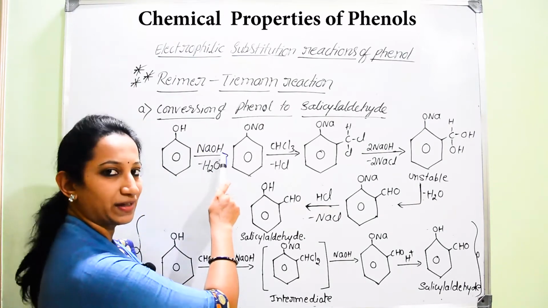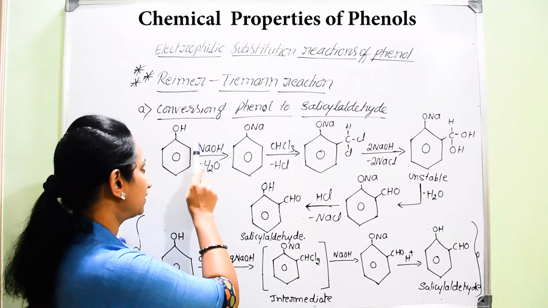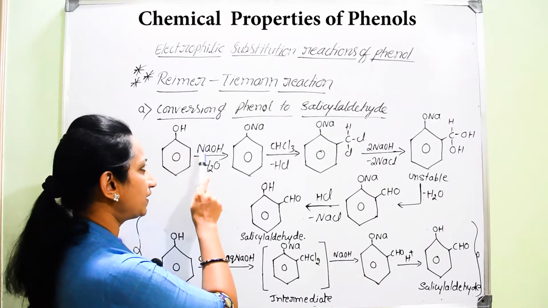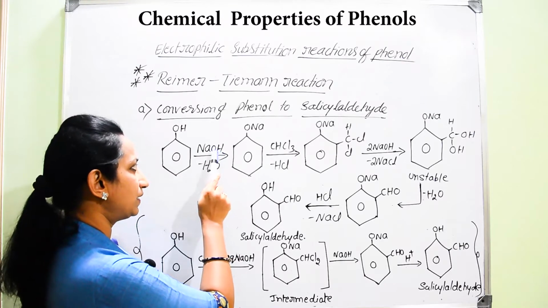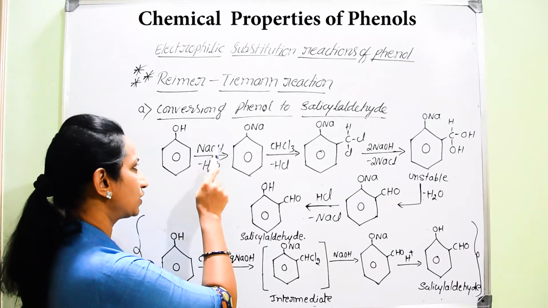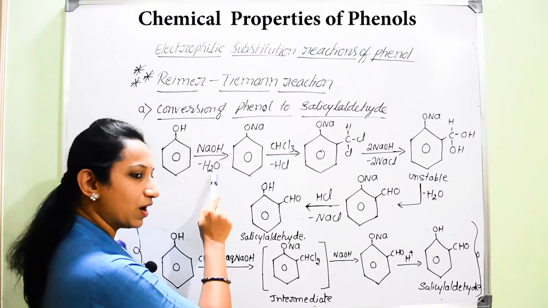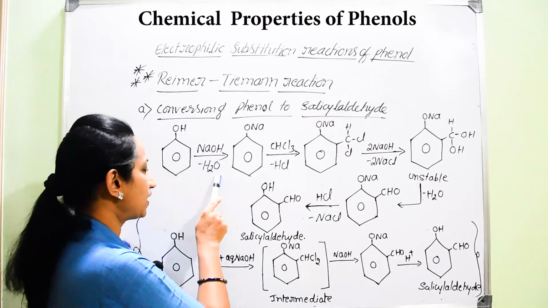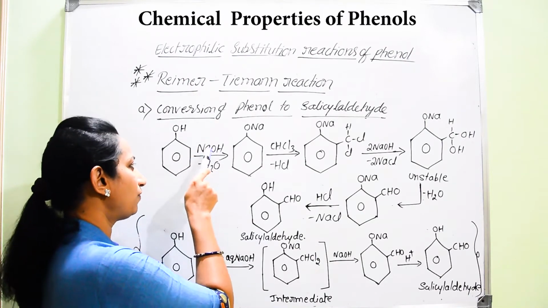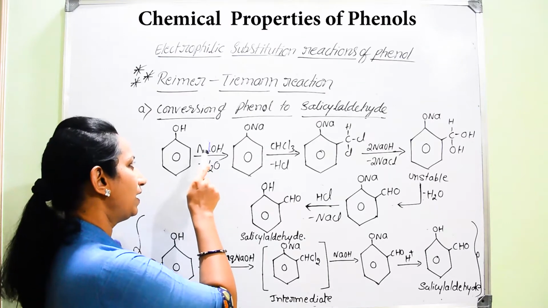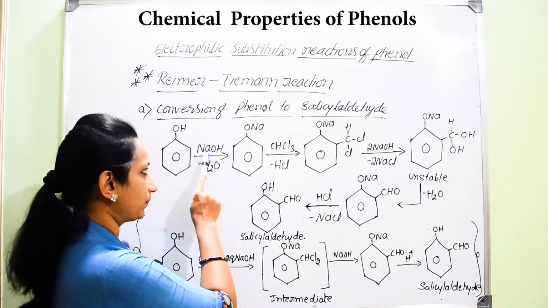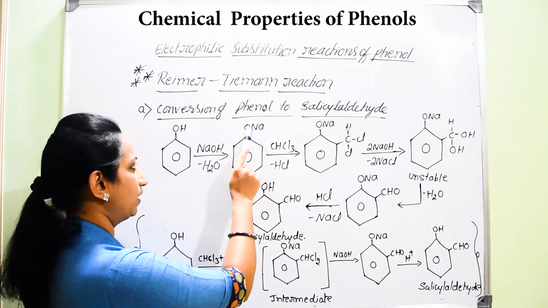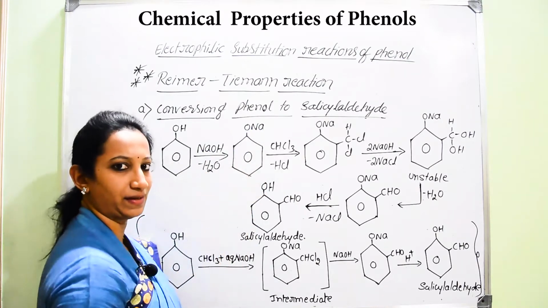How is it going to interact here? As you can see, when the OH group interacts with NaOH, there is a possibility for the removal of OH and H in the form of water. So we get the removal of a water molecule, and whatever is left over, that is sodium, will get attached to the oxygen of the aromatic ring.